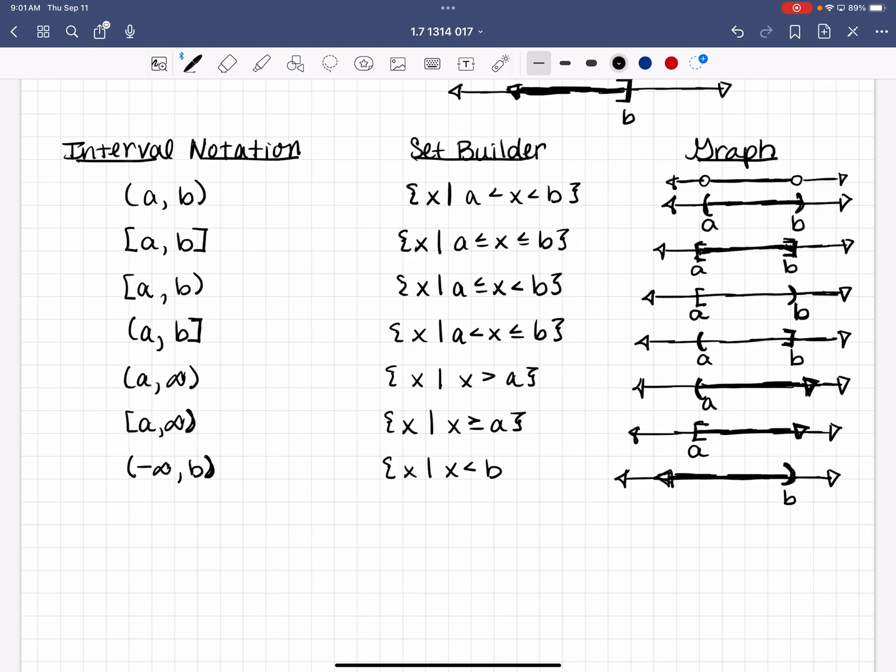And I will tell you the old trick that your algebra teacher would give you to tell you which direction to shade. As long as X is on the left, you start with the left, the arrow tells you the correct direction, and it's not a compound inequality. These first four at the top, those are what we call compound inequalities.